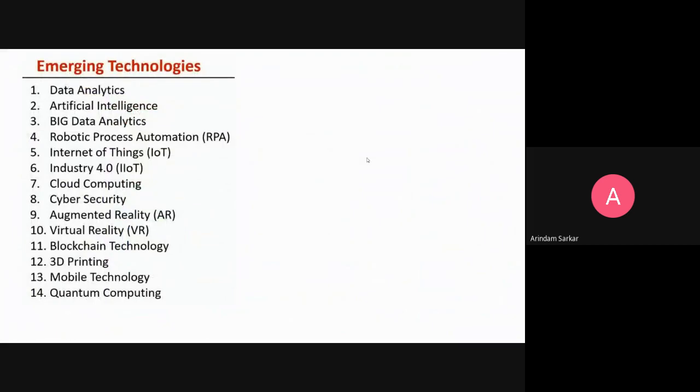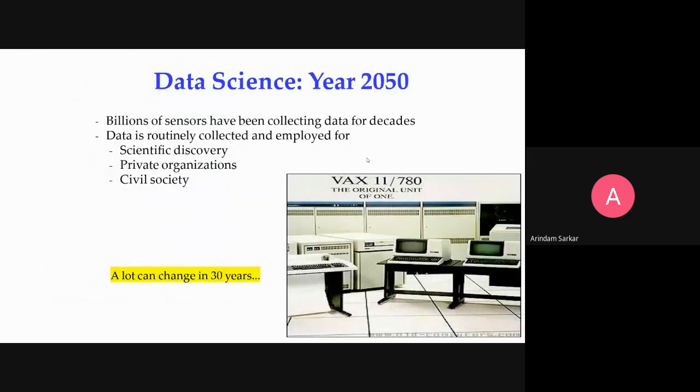These are the different applications where Python is presently used with the emerging technologies in data analytics, AI, big data analytics, robotics, IoT, meaning Internet of Things, or IoMT, Internet of Medical Things, or industrial Internet of Things like Industry 4.0. Here we are using Python right now. And we are assuming what will happen to data science in the year 2050. A lot can change in 30 years.